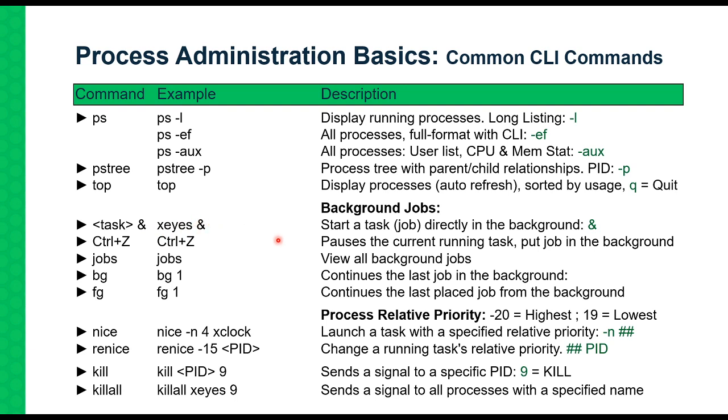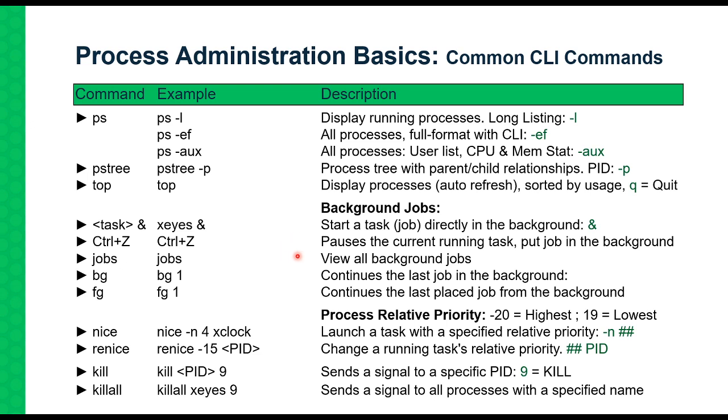We can also pause the current running task and put the job in the background by using Ctrl Z, not an uppercase Z, just a Ctrl Z, and it will place the current job in the background and pause that job for us. So it will not continue running and using any system resources. It will be in a paused state.